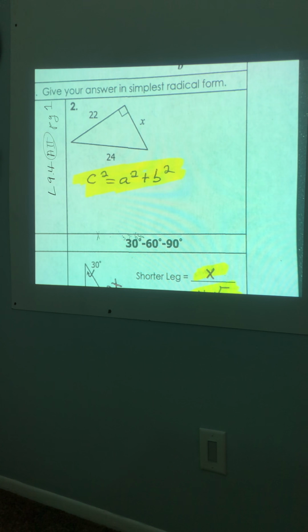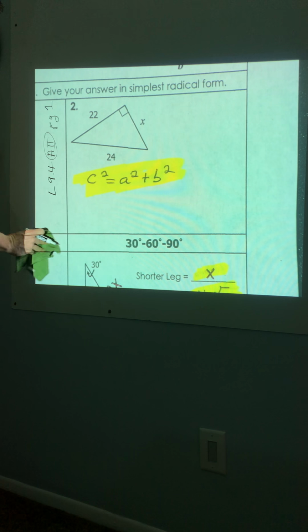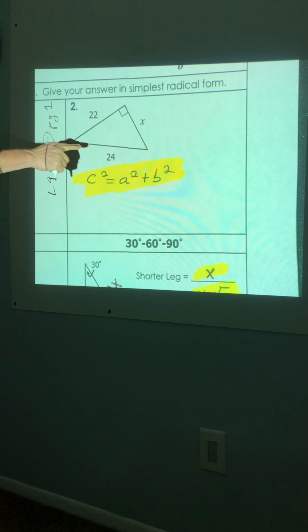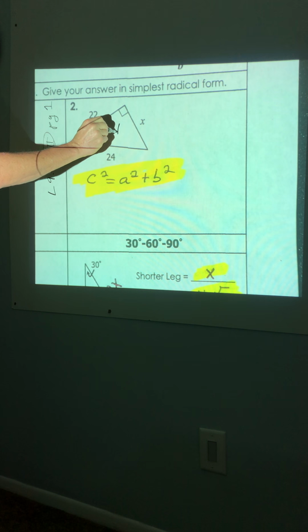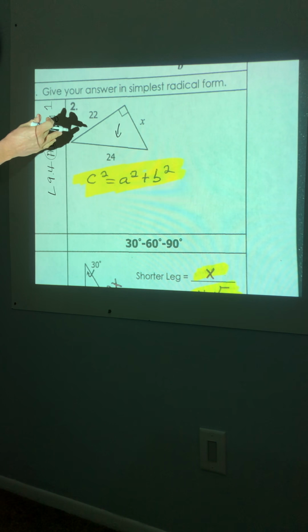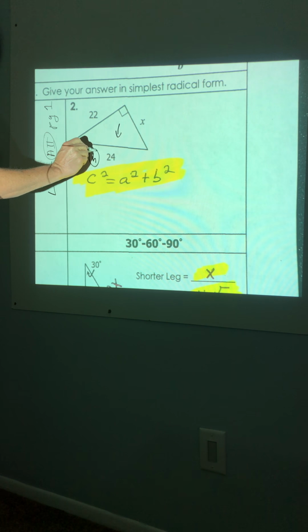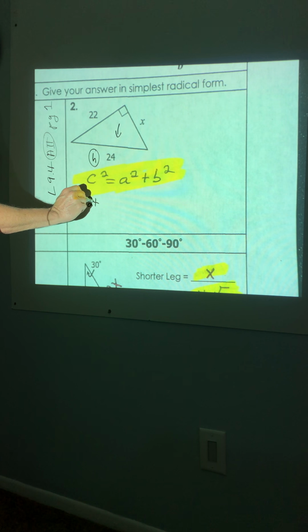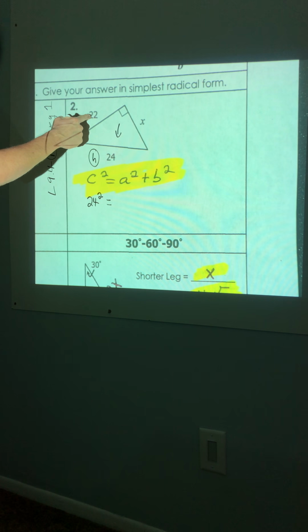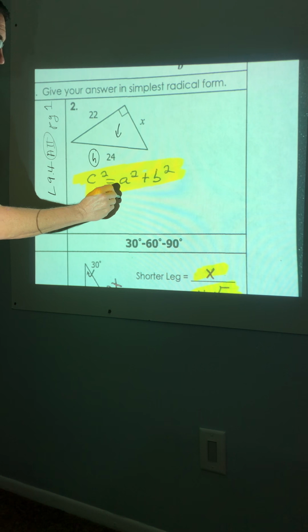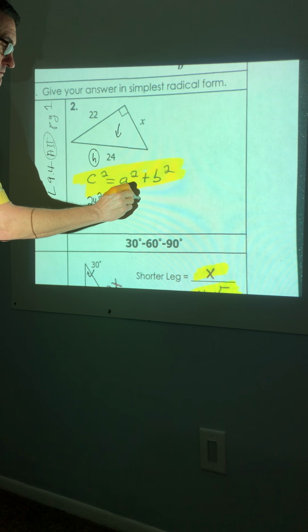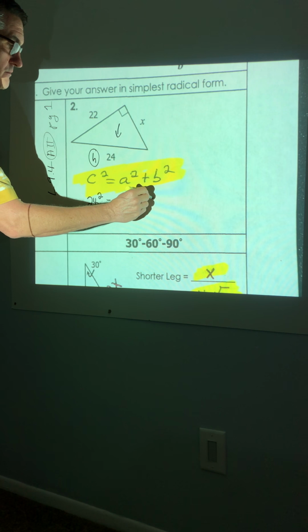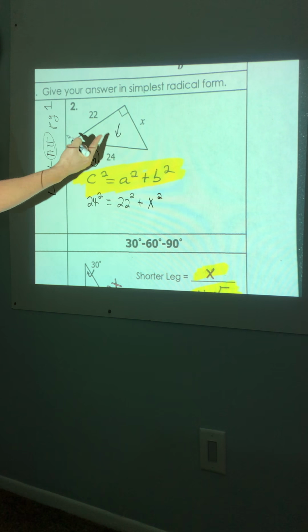Okay, first thing I would do, actually I need to erase. Wow, come on Mr. Mac. Okay, so 24, look, straight across from the 90 degrees. So 24 is your hypotenuse, it's your biggest side, put it in for C. 22 is one of the legs, just put it in A. And then X here, don't freak out if we change the letters.